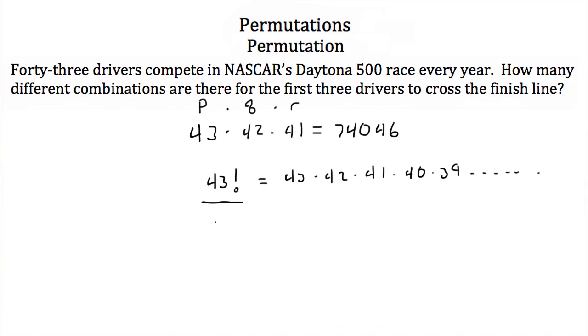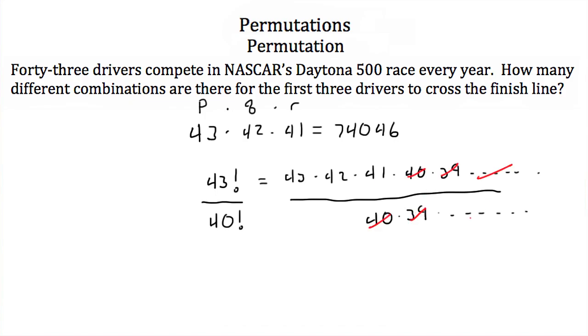So we'll divide this by 40 factorial, because we'll be dividing this by 40 times 39 times 38, etc. And when you divide, the 40s will cancel and the 39s will cancel, and every other number all the way down to 1 will cancel, and we'll be left with just the 43, 42, and the 41. So that's how you can calculate a permutation where you don't have to use every possible outcome of each event.